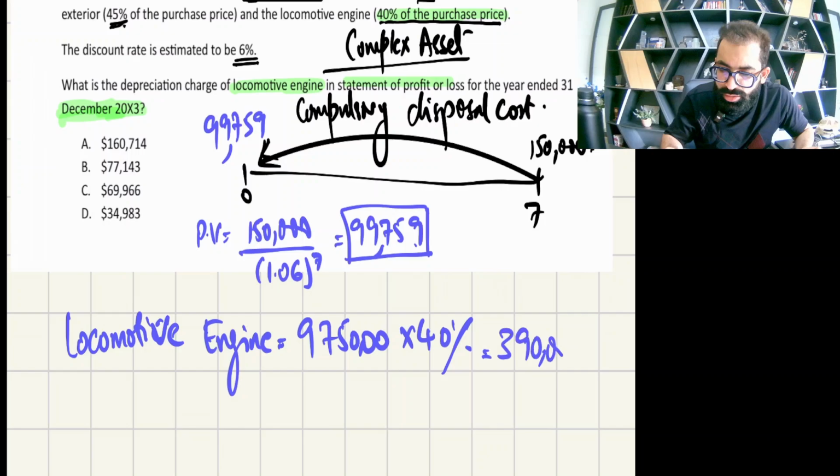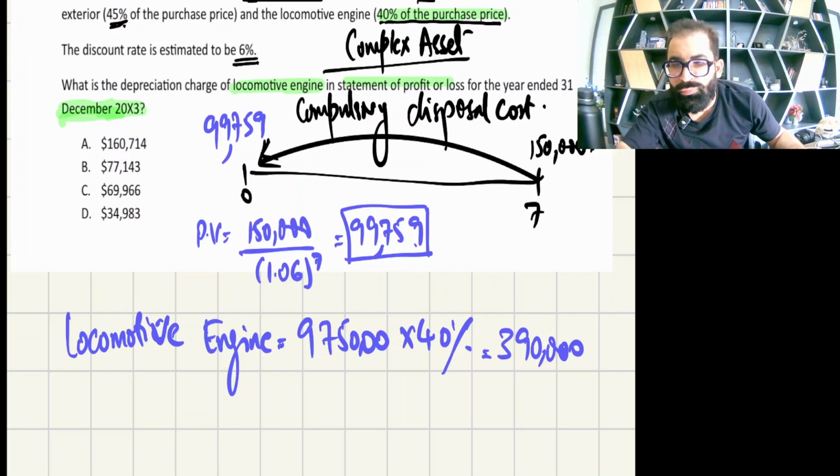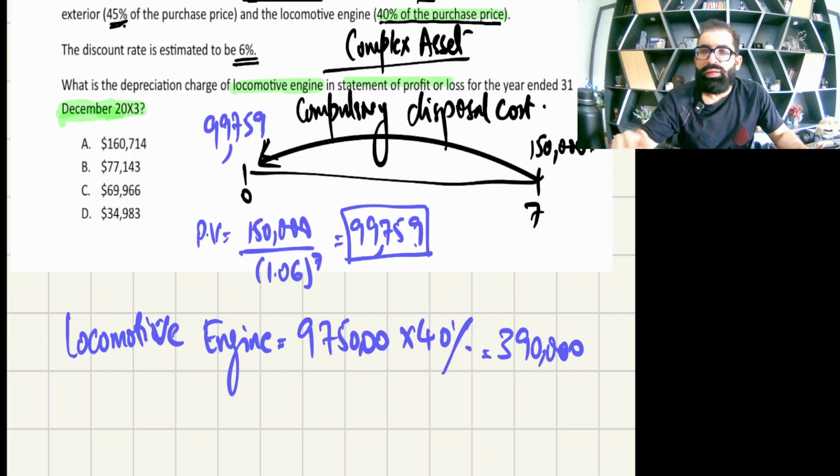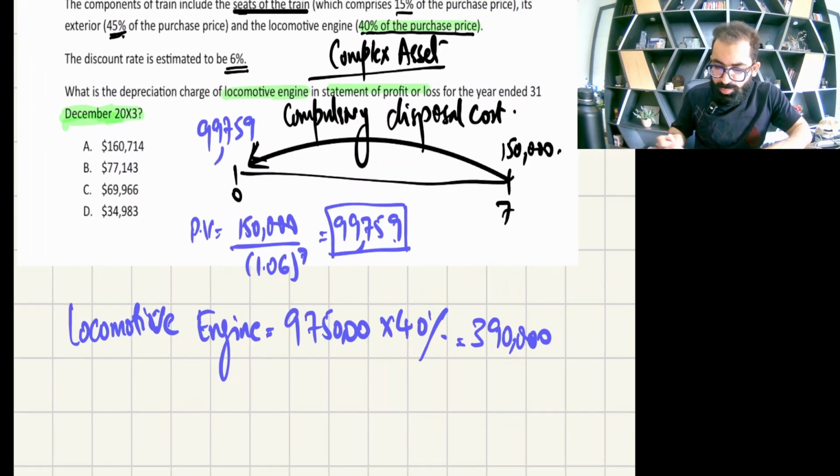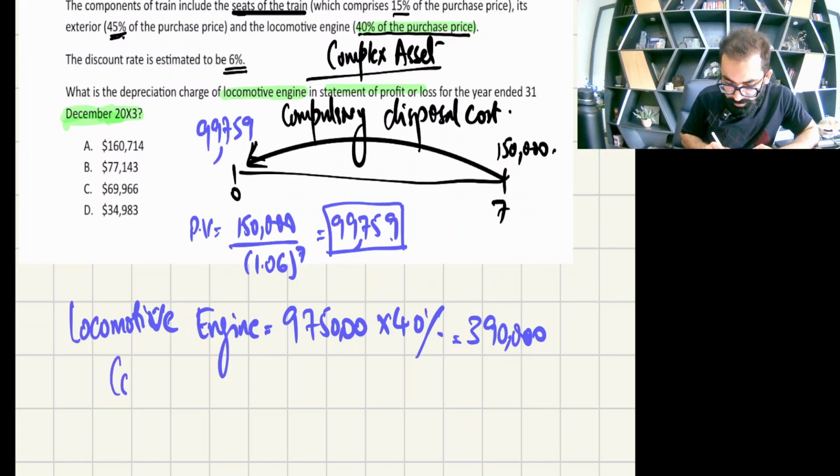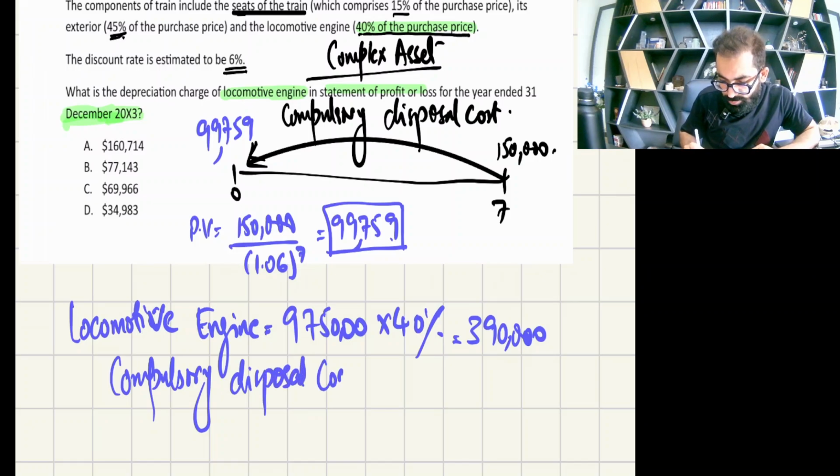So 390,000 is the pure price of the locomotive engine, right? And there is a compulsory disposal cost which we capitalize, which is 99,759.